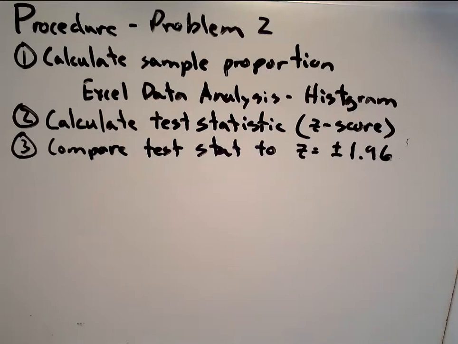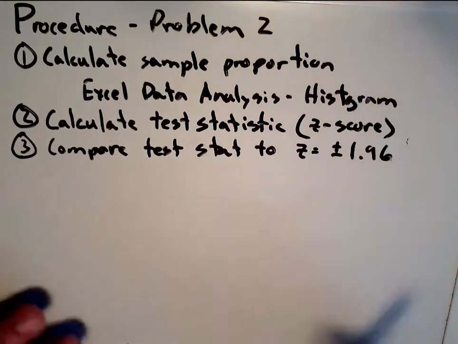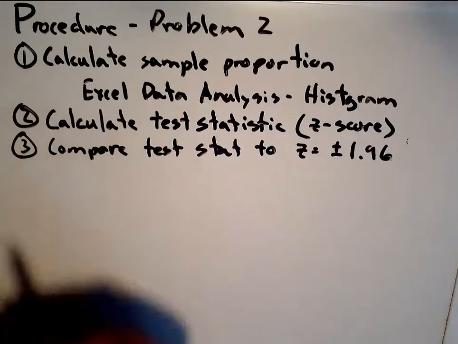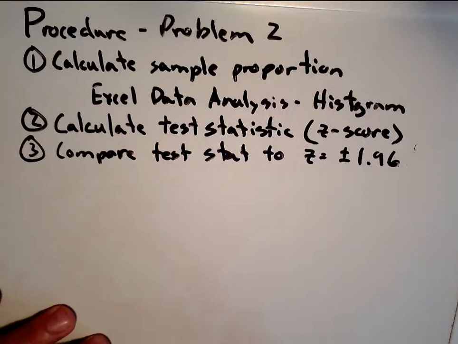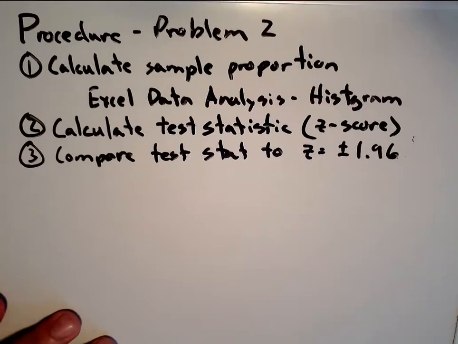If we are going to have a null hypothesis, I should back up. We are not looking at the mean in this section. It's just like last week, where we first looked at the mean and then we looked at proportion. Well, in question 2 this week, we are looking at proportion.